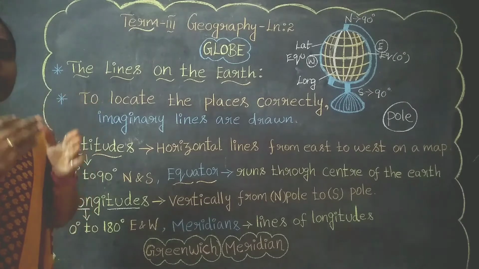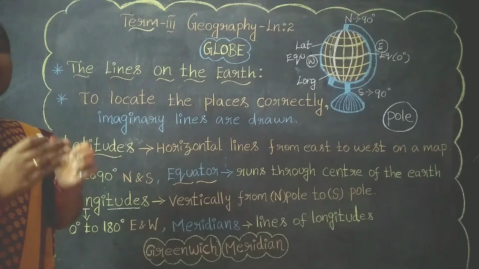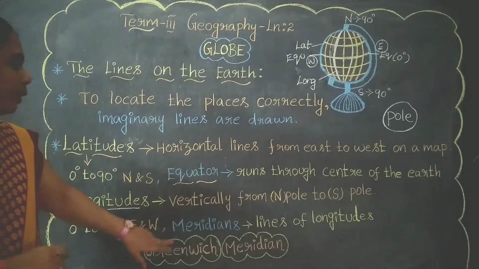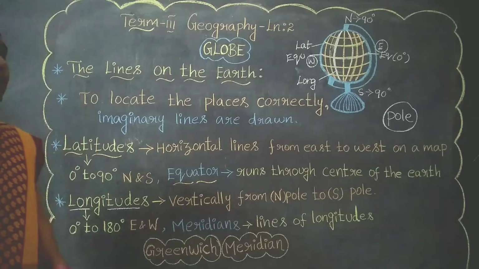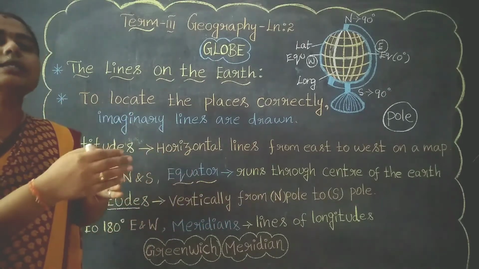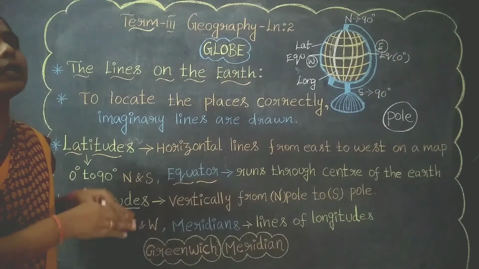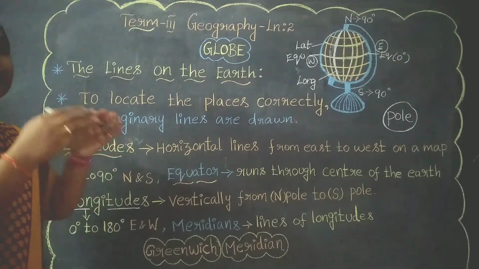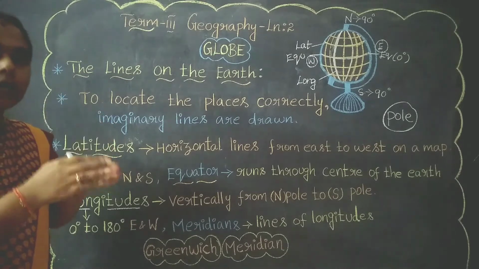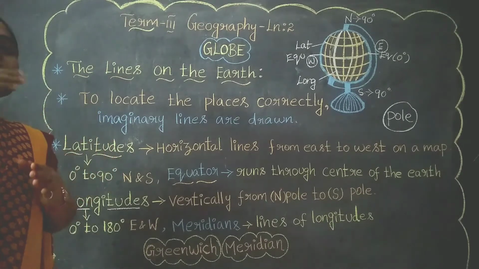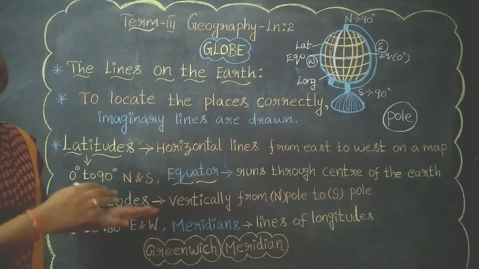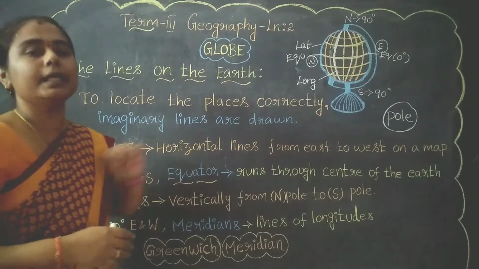Greenwich meridian means the longitude which passes through the Greenwich. Greenwich means time measure. So the longitude which passes through the Greenwich is known as Greenwich meridian.